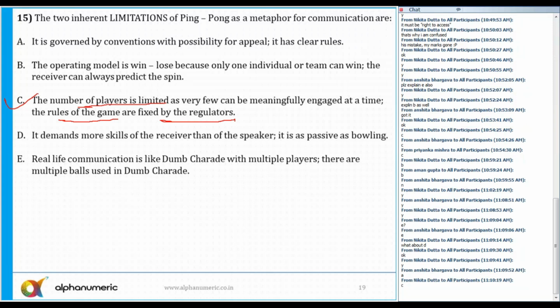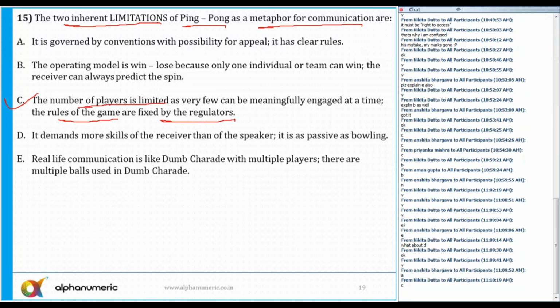Even if, according to the passage, the rules of the game are not fixed by the regulators, as a metaphor for communication, these are the two inherent limitations that we can find in ping pong. Even if they are not mentioned in the passage, these can be the limitations. One is that because it's ping pong, there are only two players, it's limited. And number two, the rules are fixed. In ping pong, rules are fixed. So similarly, in this communication, the rules are fixed.